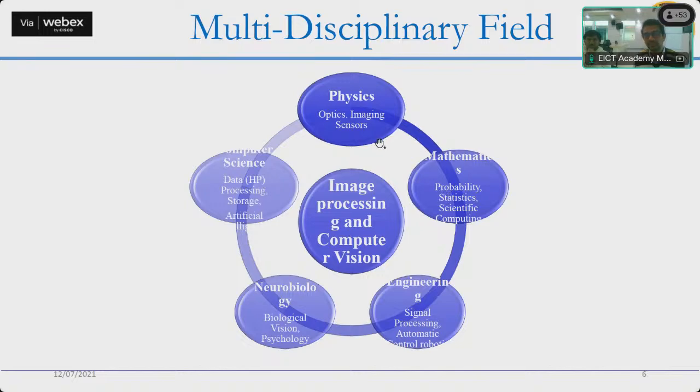In physics, it is used in the form of optics and imaging sensors. In mathematics, it is used as probability, statistics, and scientific computing. In engineering, in electrical engineering, it is signal processing and automatic robotic control.